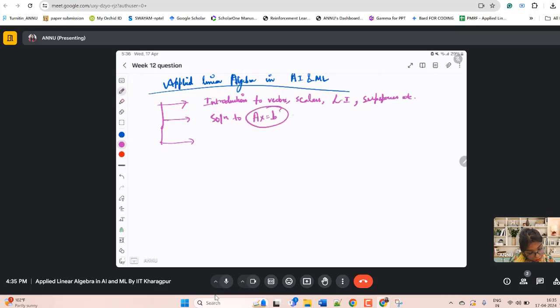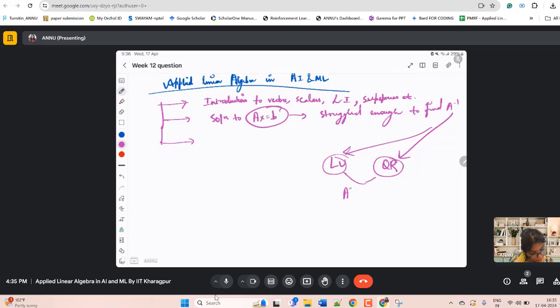In this solution, we struggled enough to find A inverse. So in order to calculate A inverse, we had LU decomposition and QR decomposition. Because both of these give A inverse easily, or not difficult.